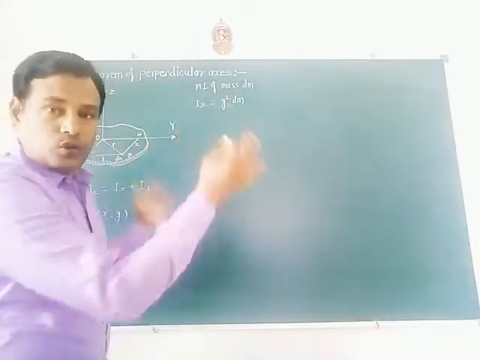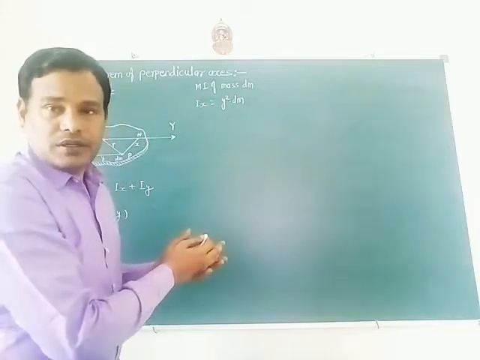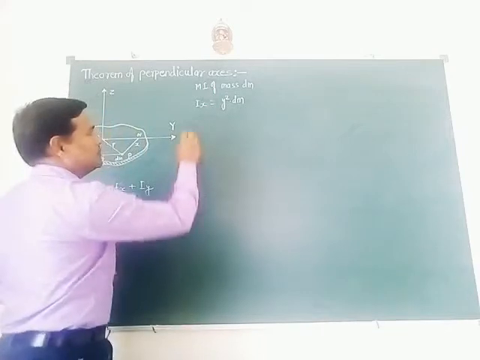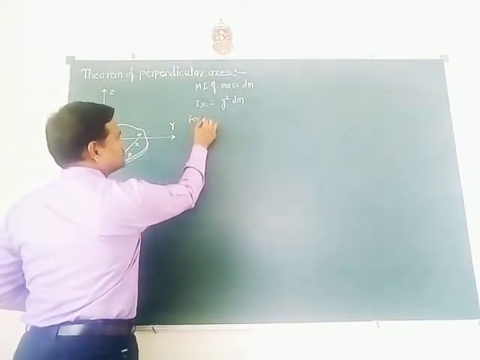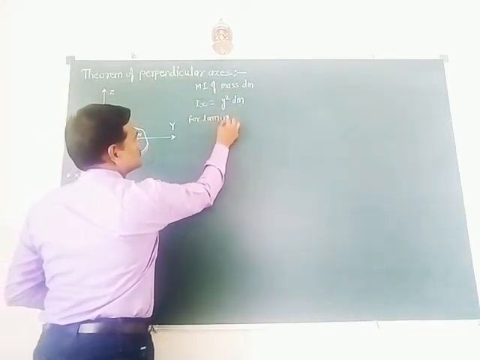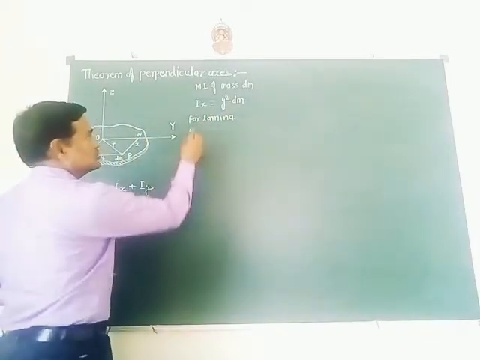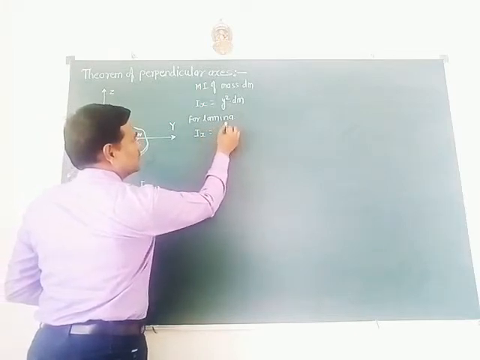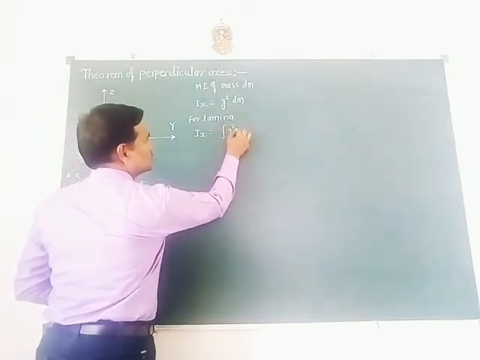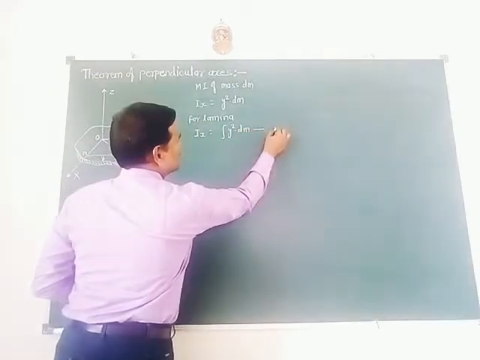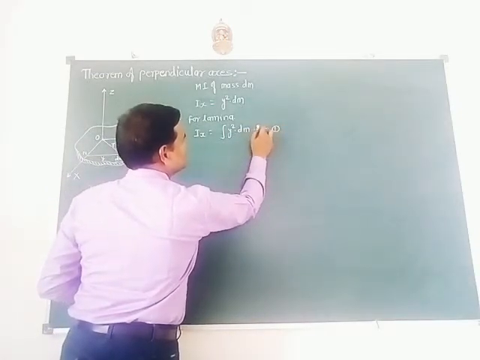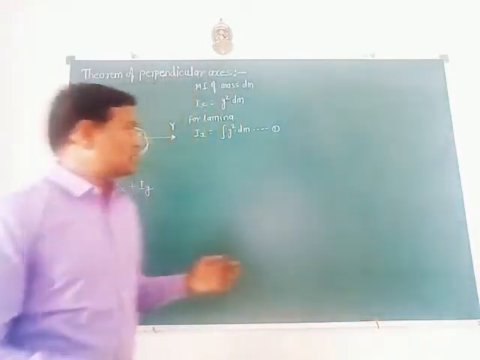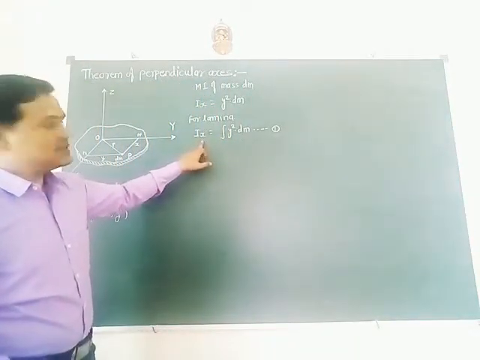But we have to obtain the total moment of inertia of the lamina. So for the total planar lamina, the moment of inertia about the x axis is Ix equal to the integration of y square into dm. Consider this as equation number 1. So this is the moment of inertia of the total lamina about the x axis.